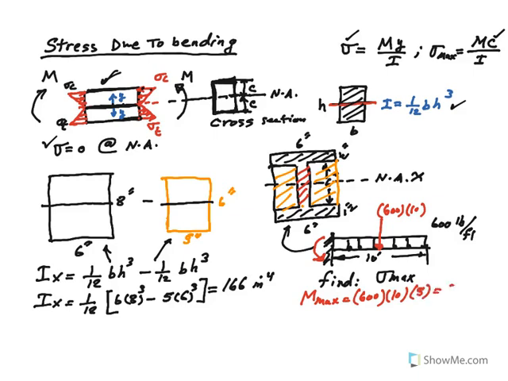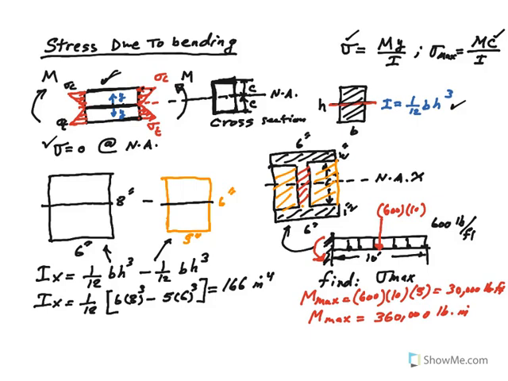And that comes out to be 30,000 pound-foot. Just be careful with the unit. Right away, change that, multiply it by 12, so it becomes 360,000 pound-inch. Because remember, these dimensions are what? Inches to the power 4.